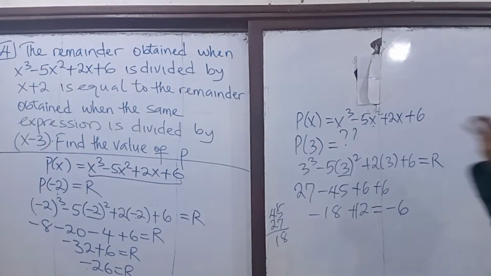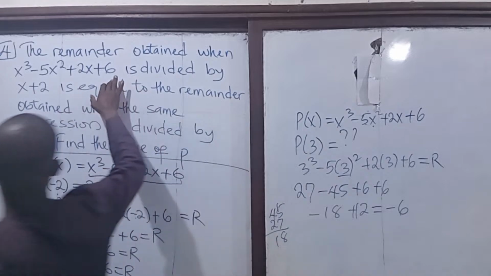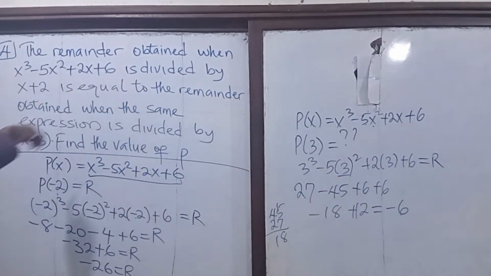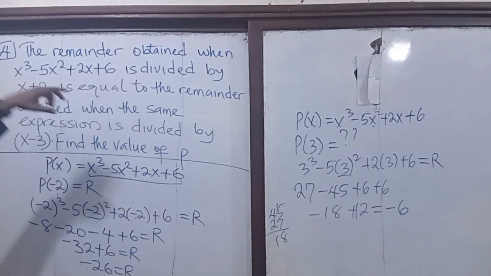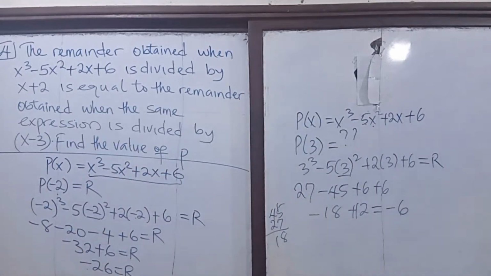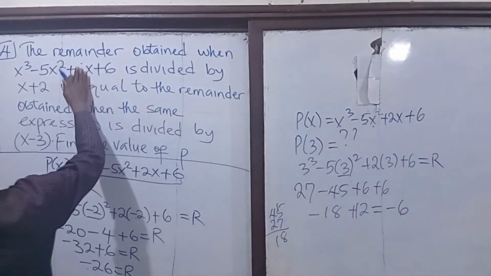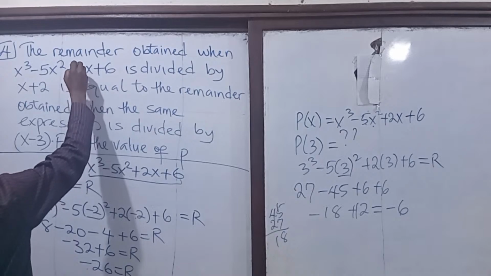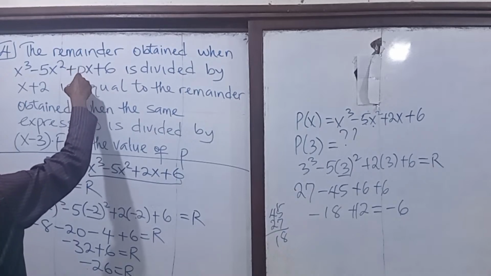Sorry, we're going to look at that question again. Something is missing here, because we're trying to find the value of p. Sorry for that. Something is missing in that question. Let's correct that. Sorry, this place is a p of x, not what I had.